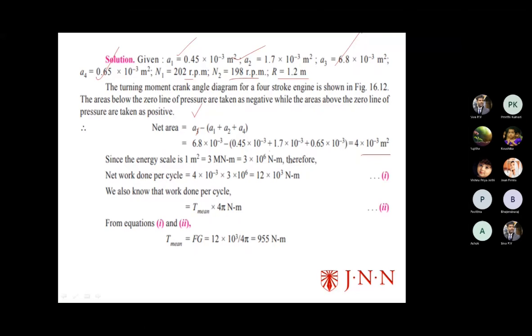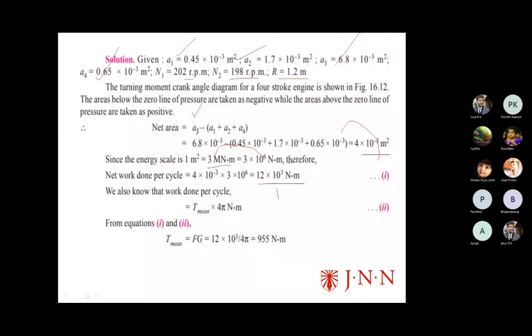Kilo is 10 power 3, mega is 10 power 6, giga is 10 power 9. So mega value is 10 power 6 into Newton meter. So the total net energy is 4 into 10 power minus 3 into 3 into 10 power 6, so total 12 into 10 power 3 Newton meter.